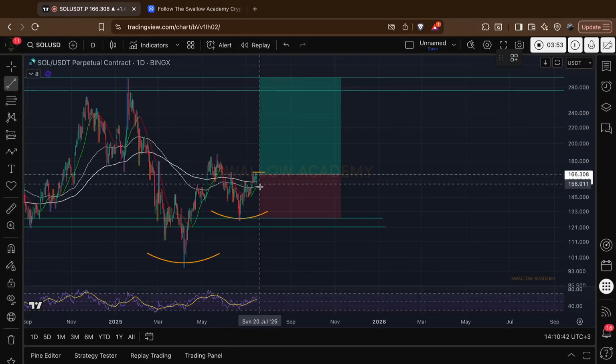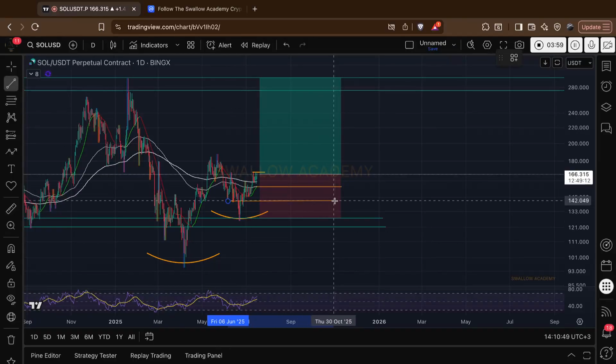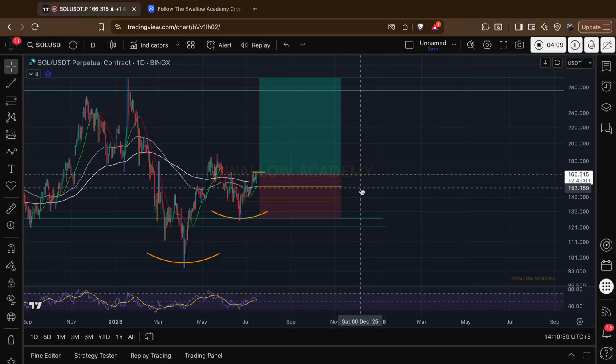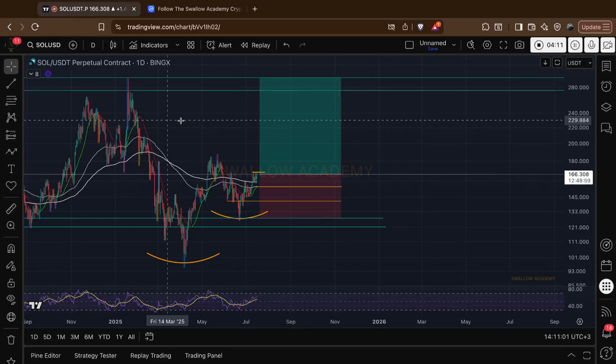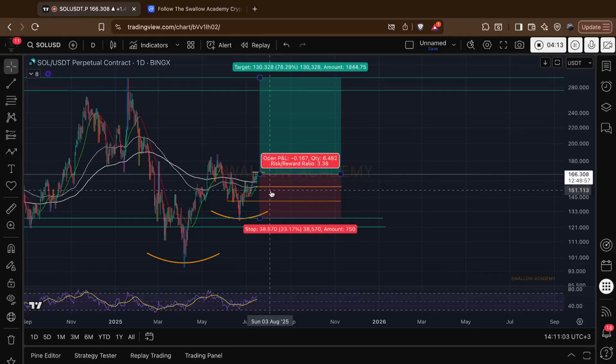So this would be the first entry. The second entry would be near the 100 EMA line. Then another entry would be in this region, so like $142. And once we see this, one thing that I hate about myself is I'm a perfectionist and everything has to be properly done. Anyways, 2 additional entries to this one.